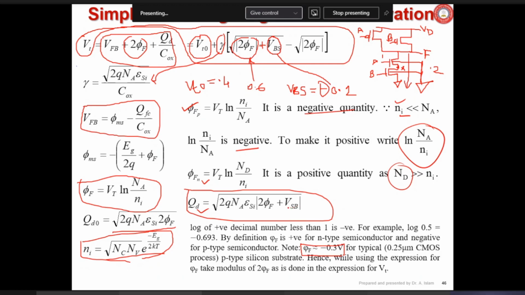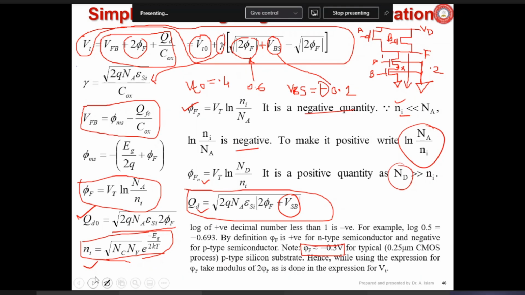And if VSB is 0, what is VSB? Body to source voltage or source to body voltage. If that is 0, it means body and source are both at the same potential, possibly for an NMOSFET at ground potential. So if that is 0, then we denote QD as QD0, and obviously the equation is square root of twice q Na epsilon Si into twice phi. And the equation of Ni is also known to you.